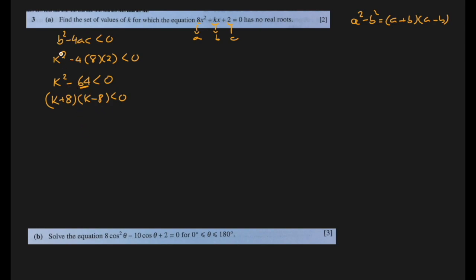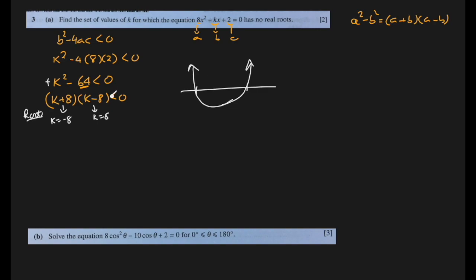Now this becomes a quadratic inequality, and to solve such an inequality there are many methods, but the best one will be this one. Just draw them on a number line. So this is giving us a root of k equal to minus 8. This will give k equal to 8. Roots, not solutions, where they will cross this. And since its leading coefficient is positive, the graph, if I draw a quadratic graph for this, will be like this.